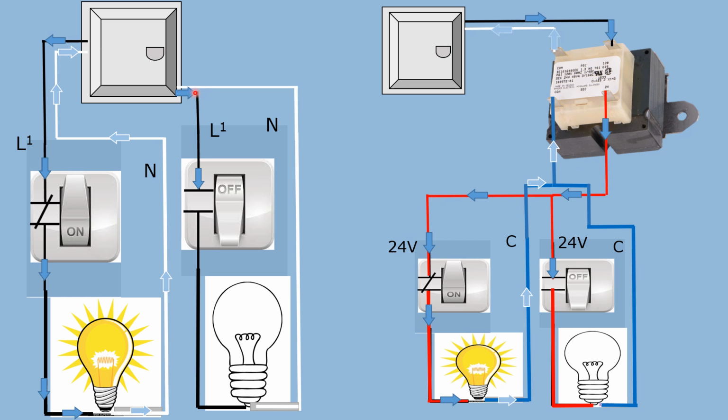We look on the other side, and this is a line voltage circuit, and the power's out, but it's going to stop right here at the switch because the switch is off. So we don't have a complete circuit. The power can't light the bulb. And low voltage circuits work the same. The common is the neutral of the low voltage circuit.